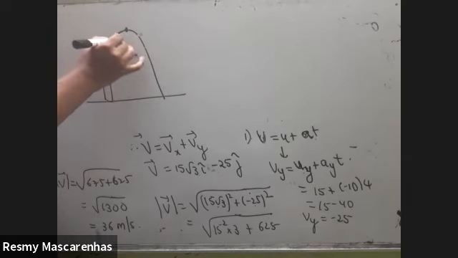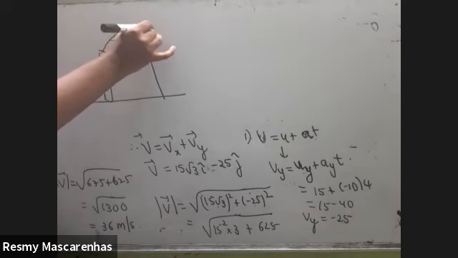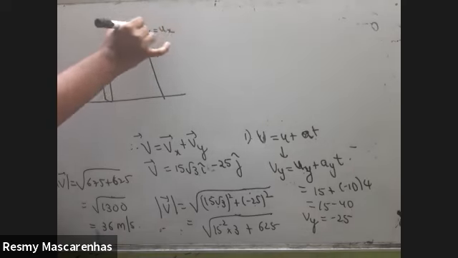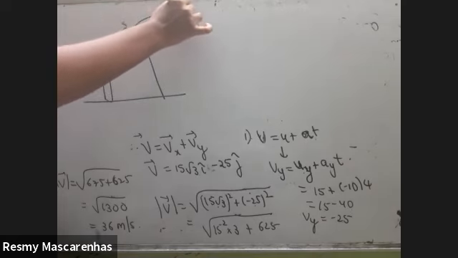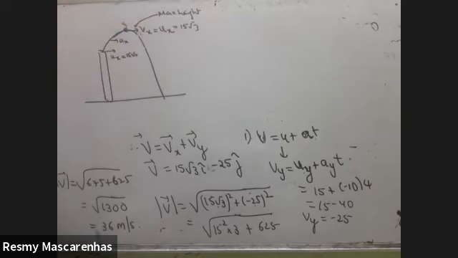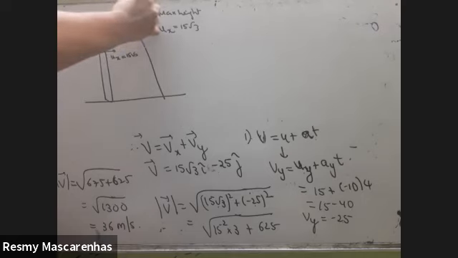Whether you check here, now this is at the maximum height I am trying to check. Maximum height. So can anyone tell me what will be the vertical component over there? When the ball reaches maximum height, what happens to the velocity of the ball? Zero. Yes, zero. So Vy is always 0 at maximum height.